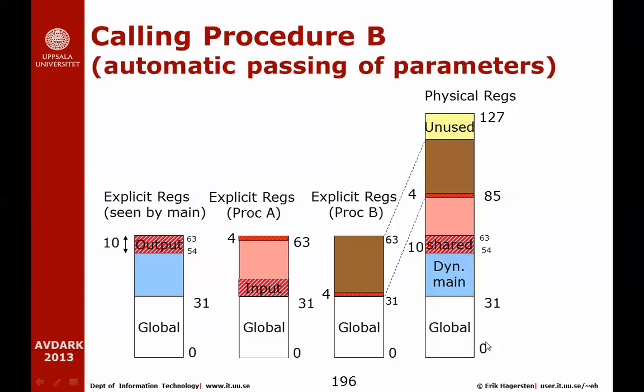Now let's say that procedure A makes a call to some other procedure. Once more, we figure out what kind of input and output registers. These registers work as both input and output registers, so we can pass values from the caller to the callee, but also pass values from the callee back to the caller. We're going to do the same trick here. How many registers do we need here as output and input registers? Once more, we change the pointer in the physical register that tells us where the dynamic registers for the active process start right now.